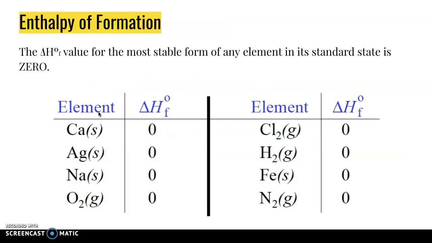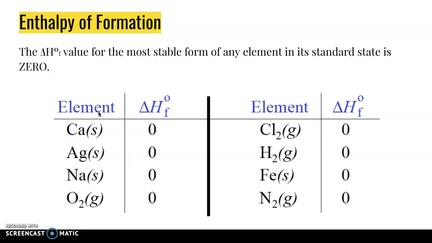Here we have enthalpy of formation values for a few examples. For any element in its standard state, it's always going to be 0. Standard state for most metals is going to be a solid. So calcium solid, silver solid, sodium solid, iron solid, and its enthalpy of formation would be 0.